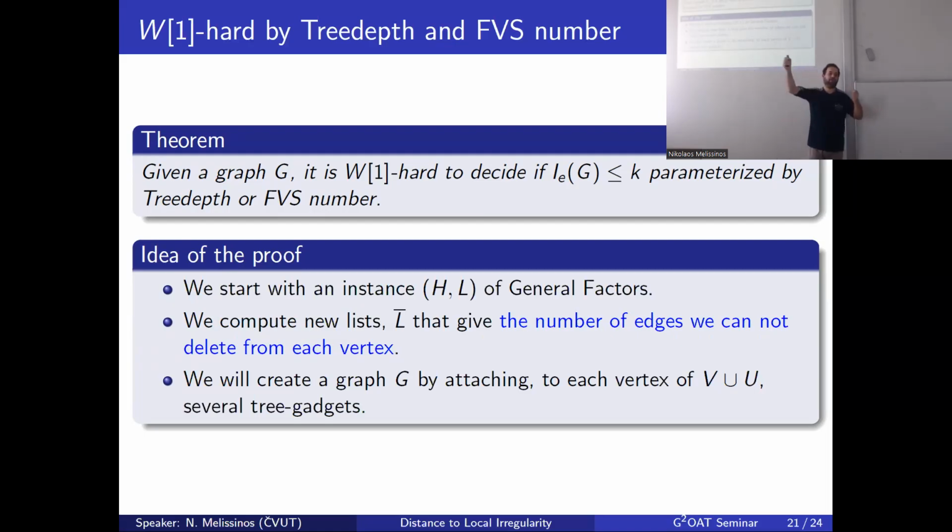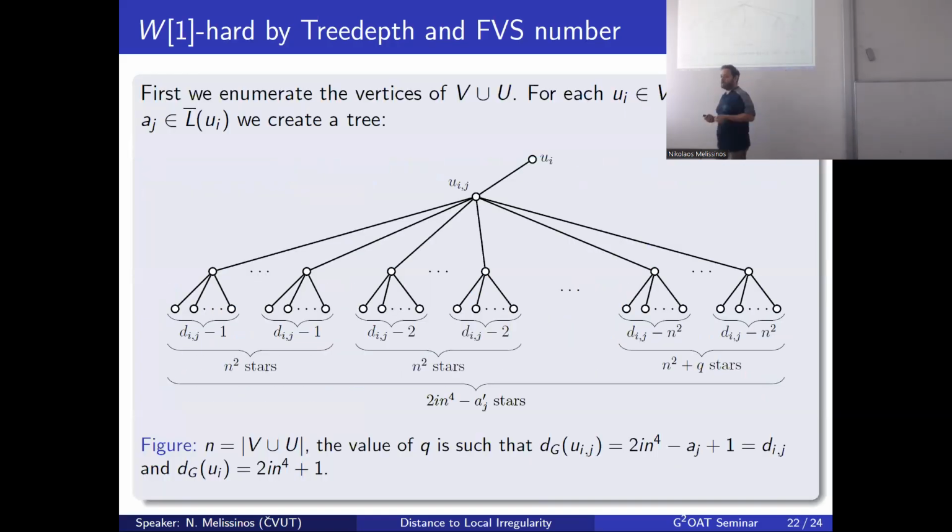So basically, if in some vertex you have that you cannot have degree 1, then you need to add a gadget that will forbid this vertex to be degree 1. That's the idea behind it. So we're adding several of those gadgets in order to force all the restrictions, and then we're going to try to prove the equivalence of the solution. So let me spend some time to give you the gadget.